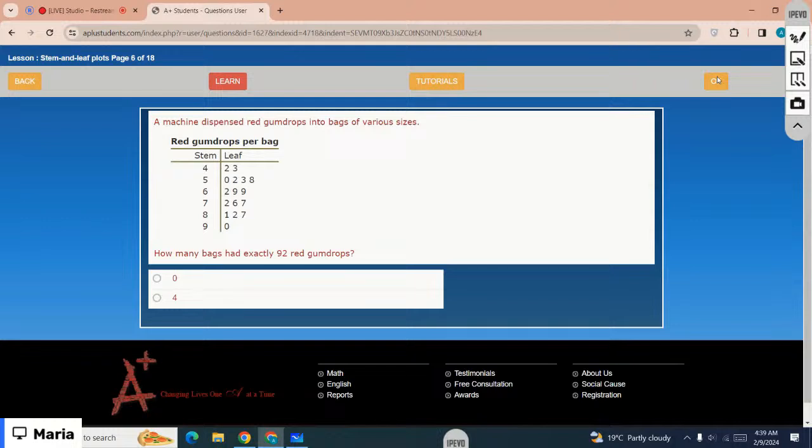Exactly 92. Zero, right? You don't have 92 in the stem and leaf, right?